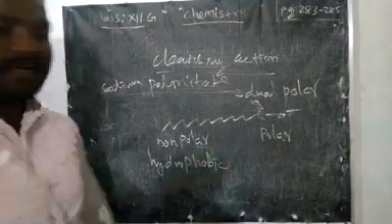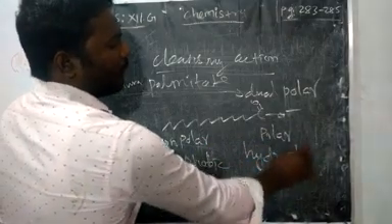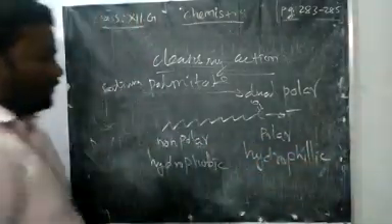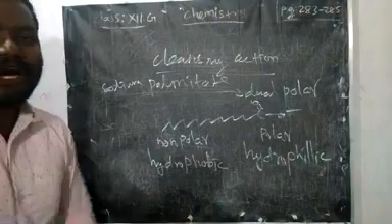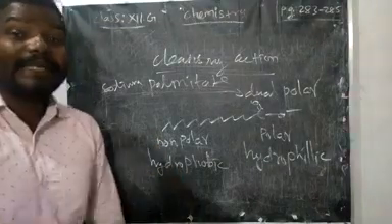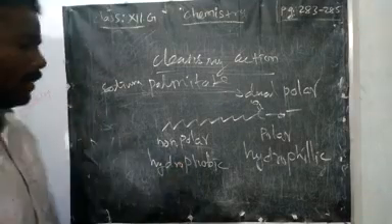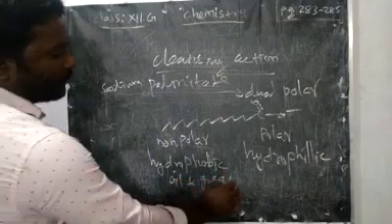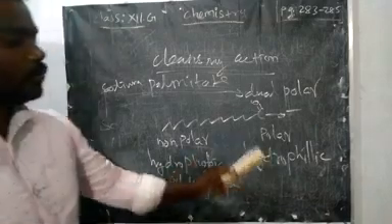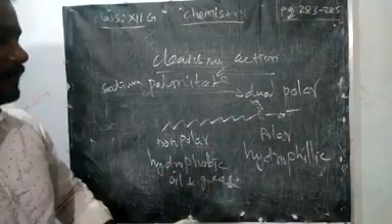The polar end is called hydrophilic. What do you mean by hydrophobic? A water repelling group, which will not dissolve in water, but it is soluble in oil, like organic compounds such as oil or grease, right? But the other group will dissolve in water, not in oil or grease.